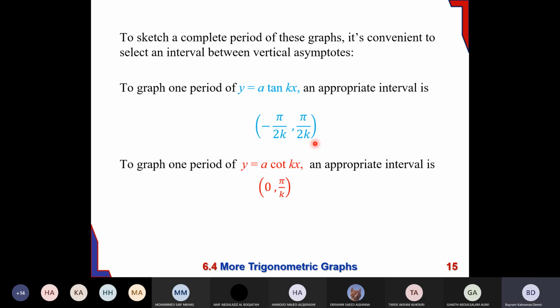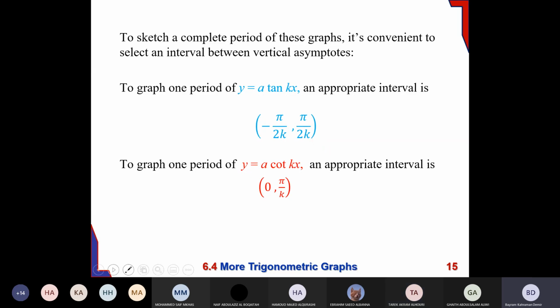All right. If k is 2, for example, Shabab, if you have tangent of 2x or cotangent of 2x, what happens to the graph? Do they stretch or do they shrink? Shrink. They shrink, yes.